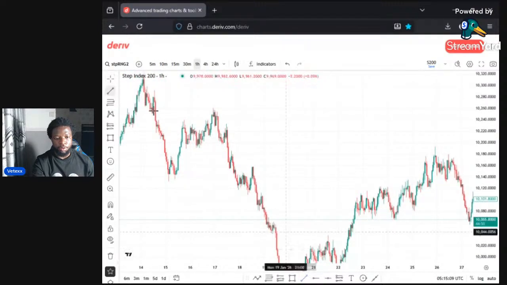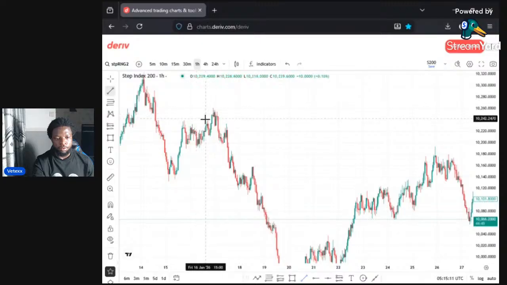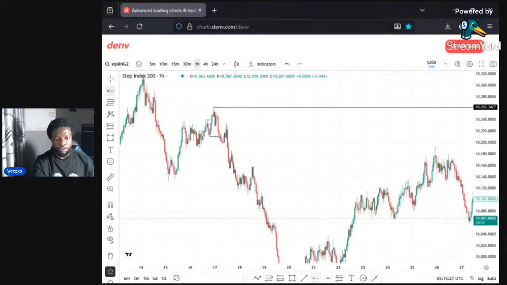This is rule number one, sweep of liquidity. Rule number two, first break of structure. We have a protected high. Rule number three, we have structural liquidity.